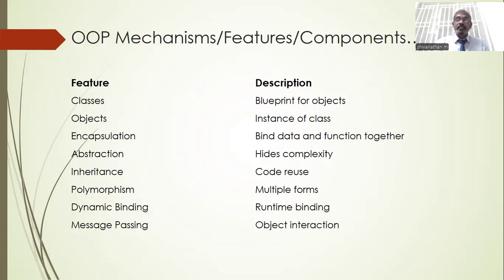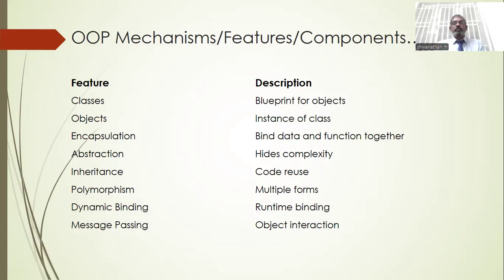A single class is just a blueprint. It cannot be used really. You must create objects to execute the program. Encapsulation is nothing but binding data and functions together. That is what your class does. It is always assumed that the data present in a class are to be accessed only by those member functions which are declared inside the class.